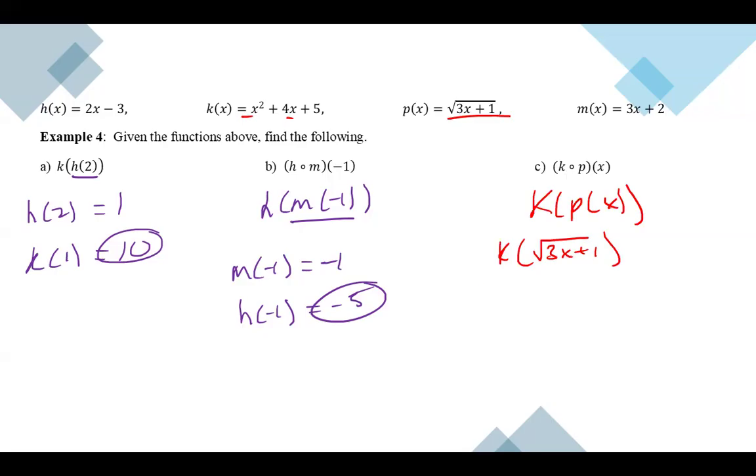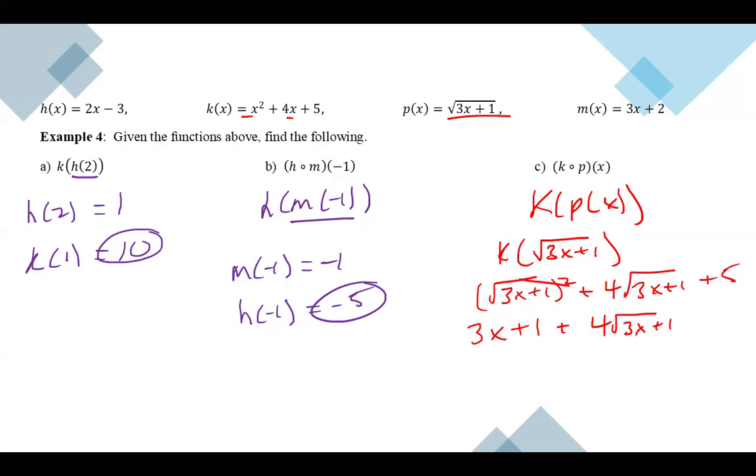So we would end up with the square root of 3x plus 1 squared plus 4 times the square root of 3x plus 1 plus 5. A square times a square root sets it free. They're inverse operations. So you're left with 3x plus 1 plus 4 square root of 3x plus 1 plus 5.